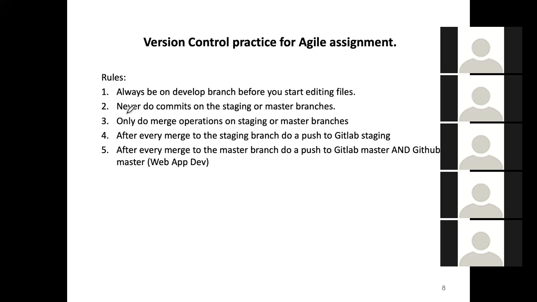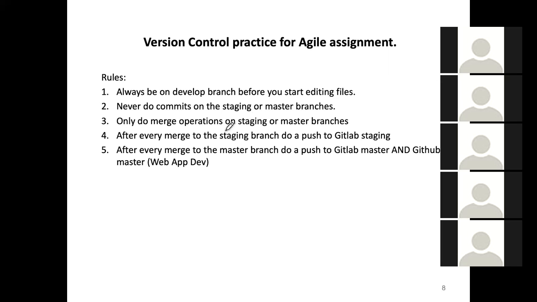Number three, in terms of the staging branch, you should only ever be carrying out merge operations on the staging branch and the master branch. And I probably should have said as well as a rule that you should only be merging the develop into the staging branch, and you should only be merging the staging into the master branch.